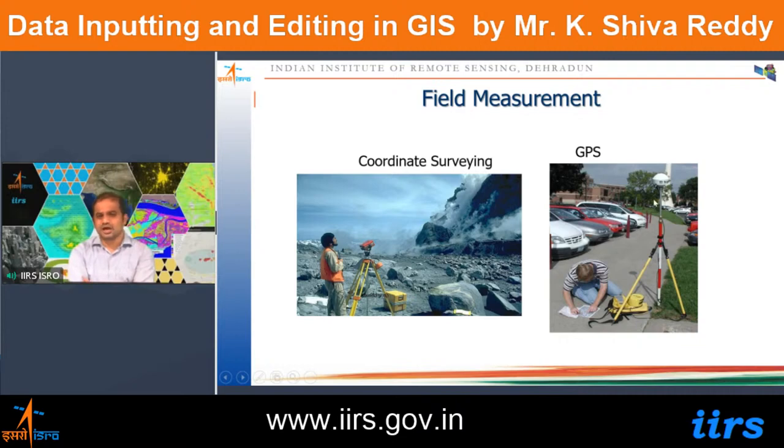Similarly, for GPS, you can see here we have established an antenna, and this is the receiver. Whatever coordinate we are measuring is recorded by an instrument connected to this antenna, so the coordinate of this position will be calculated. If I enter the height of the antenna, which can easily be measured, the coordinate of the ground point where this antenna is established can also be calculated.